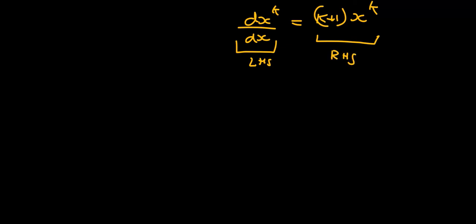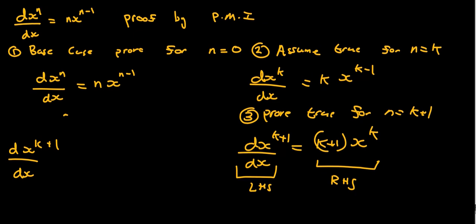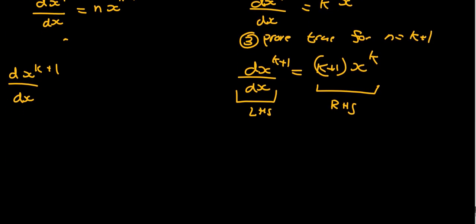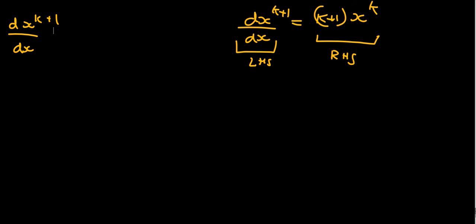So let's work on this left hand side. Should be k plus 1. So we've got d over dx of x to the k plus 1. This is the same as x to the k times x to the 1, d dx, all of this.